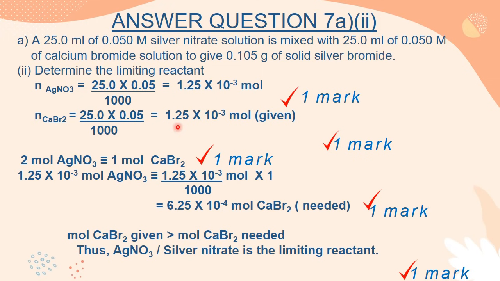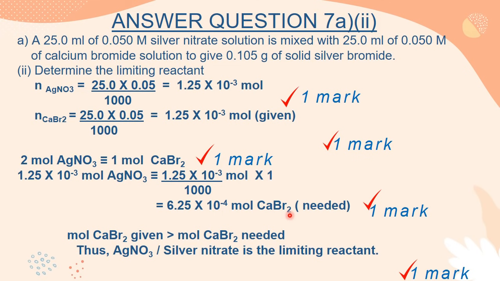Okay, after that, we will compare mole given with equation. 2 mole of silver nitrate equal to 1 mole of calcium bromide. So if we have 1.25 times 10 power of minus 3 mole silver nitrate, mean we need 6.25 times 10 power of minus 4 mole calcium bromide.